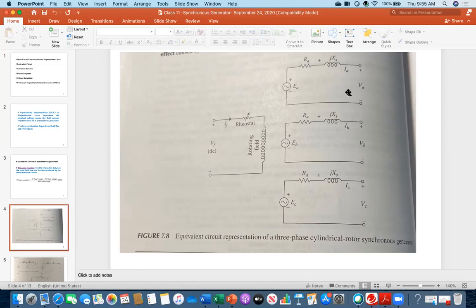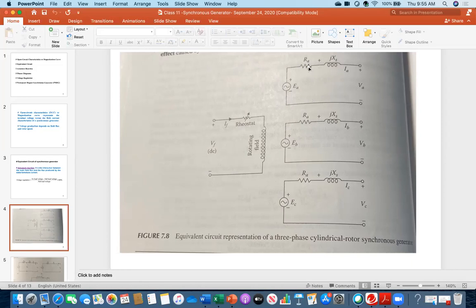So for phase A, it represents the initial voltage built up, which is called the internal voltage. And then coils are represented by a resistance and a reactance. You see the symbol I have used, XS.